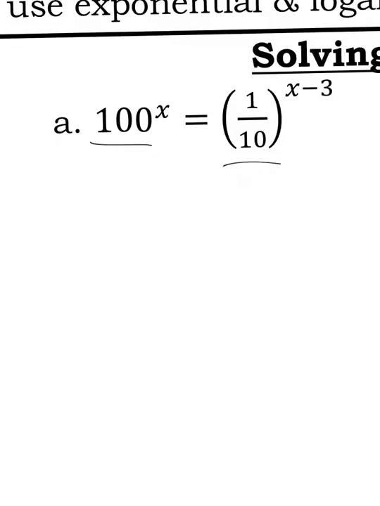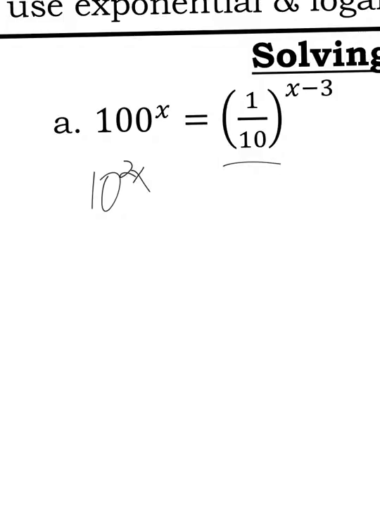All right, so I'm going to rewrite this 100 to the power of x as 10 to the power of 2, and since that 100 had an x with it before, it'll be 10 to the power of 2x. That's the same thing, okay? So I changed that to a 10. Now, how can I change the 1 over 10 to a 10? What do we know about fractions?